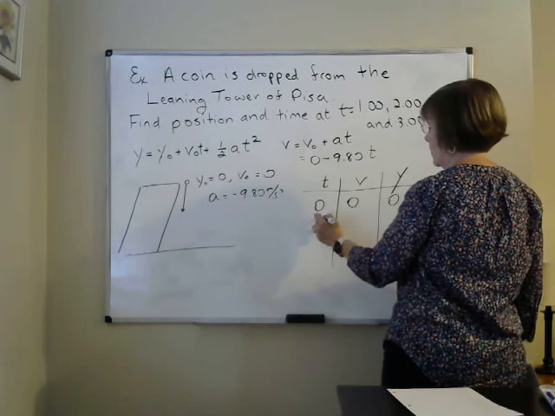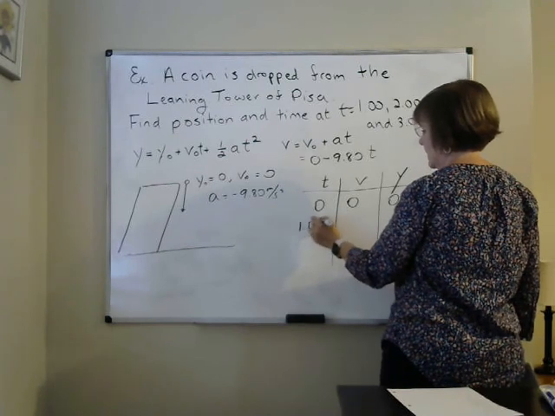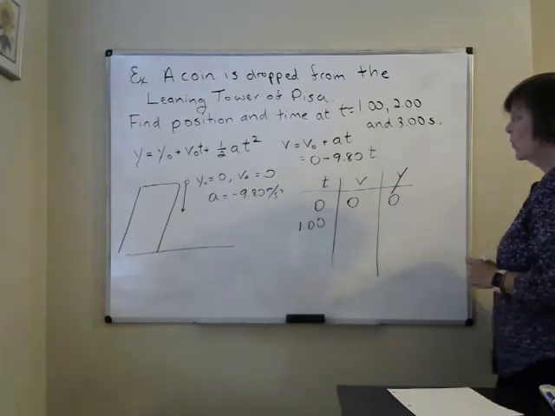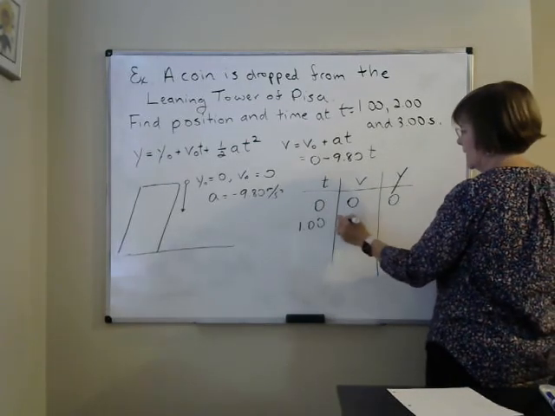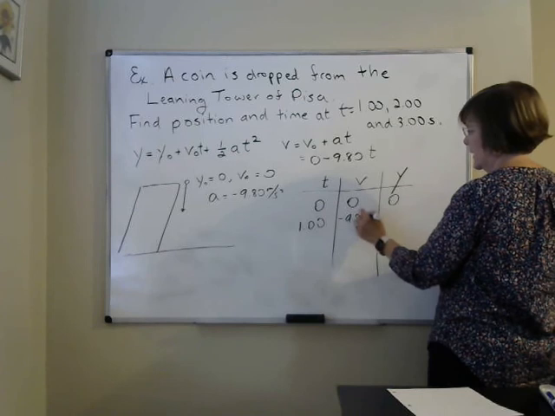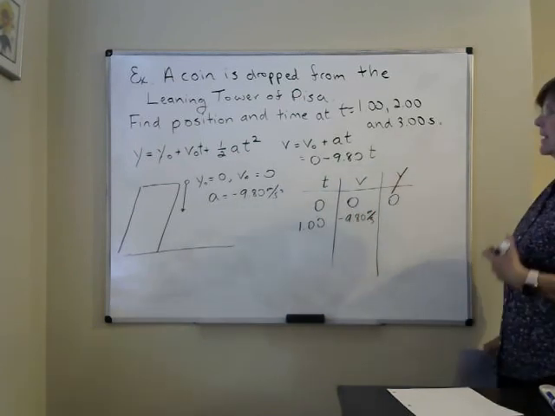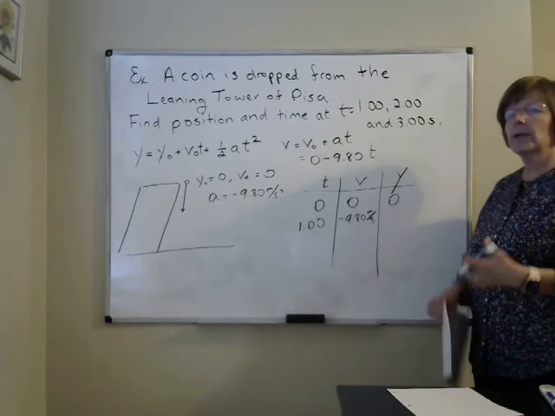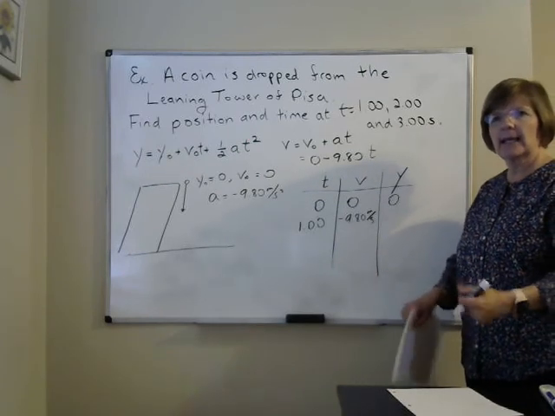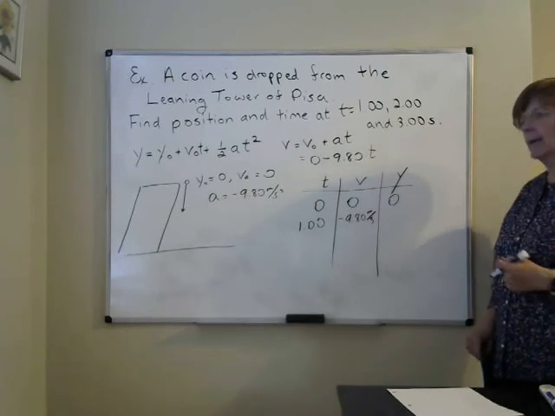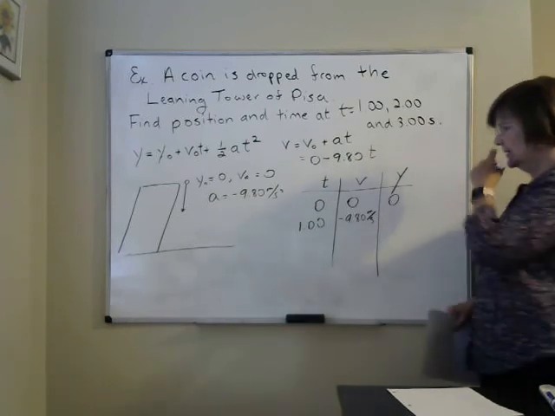At t equal 1 second, negative 9.80 times 1 second, I'm going to be falling at negative 9.80 meters per second. That makes perfect sense. My acceleration is 9.80 meters per second every second. So every second I fall, I'm going to pick up 9.80 meters per second.